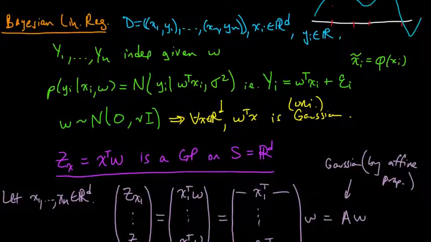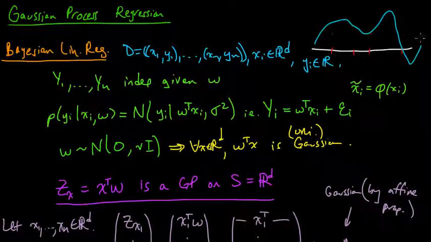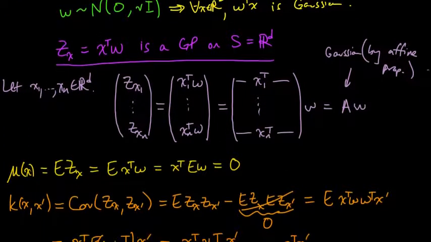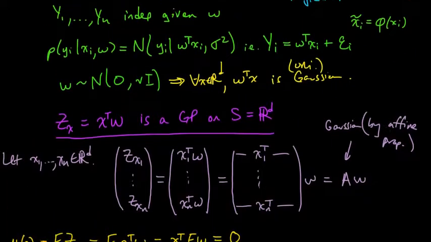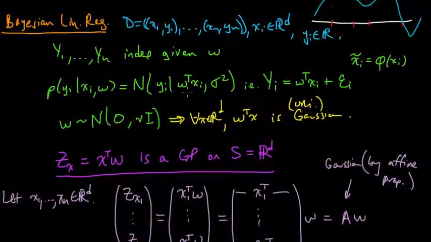So we started with Bayesian linear regression, and we observed that the function we're using to do the regression is in fact a Gaussian process. Now we know that one way to generalize this type of linear regression model is to use basis functions.